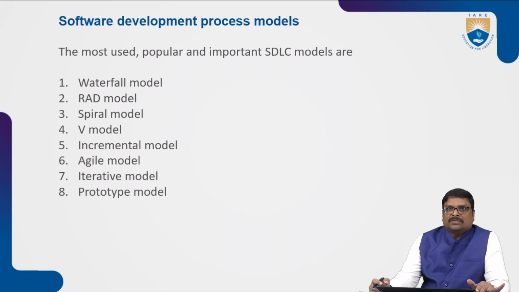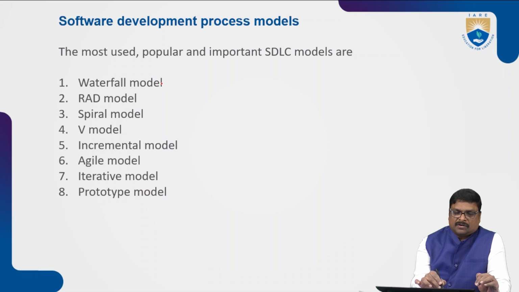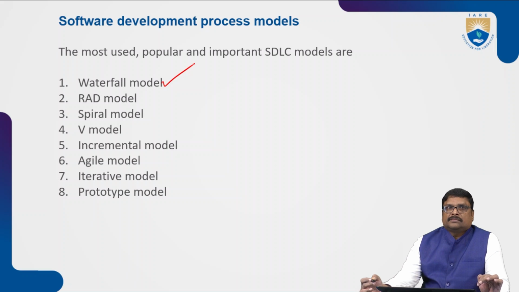Why do we need a process model? In order to develop software, a systematic approach, a step-by-step procedure, these process models are helpful. For example, take the waterfall model. When you want to develop any software, we need a customer. Different stakeholders are involved.